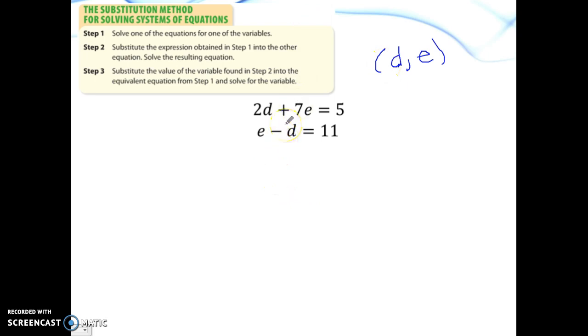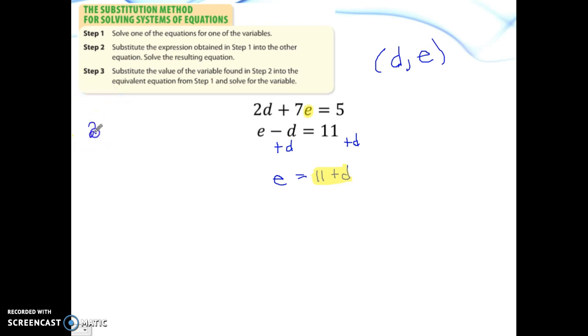Now this one, I don't have one of the equations solved for a variable. The second one is E minus D equals 11. So I could easily solve this for E by simply adding D on both sides, making that bottom equation E equals 11 plus D. So now if E equals 11 plus D, that means E in this equation equals the same thing.